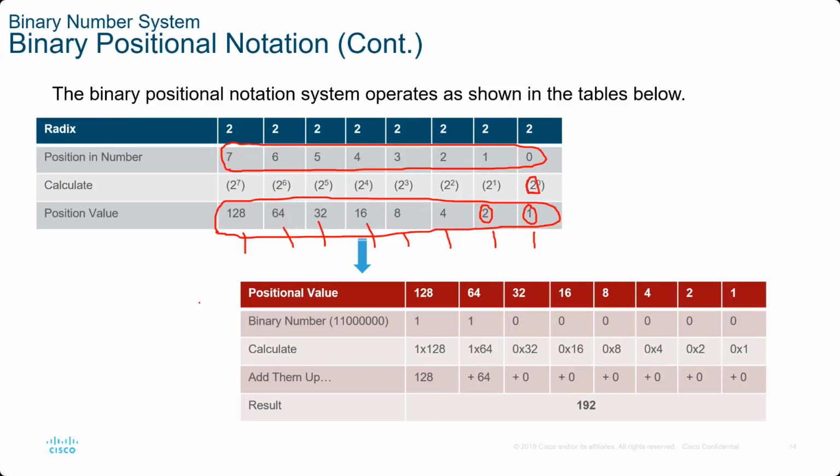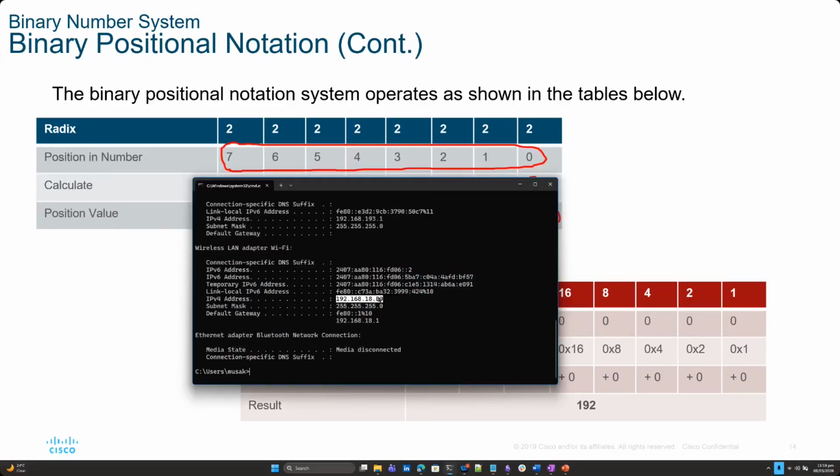So now, if you have a number in a binary system, you can very easily convert it into a decimal system if you just remember this. So for example, here's an example of a binary number, which is an 8-bit binary number, meaning it is just one part of this IPv4 address. It is an octet. Okay.